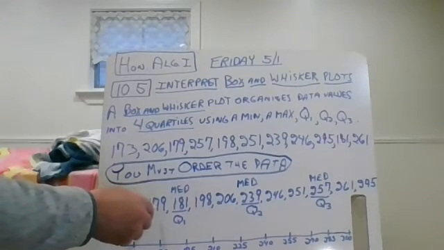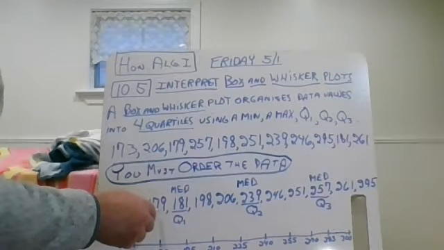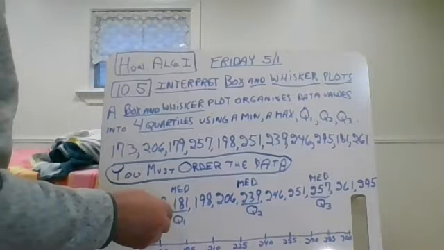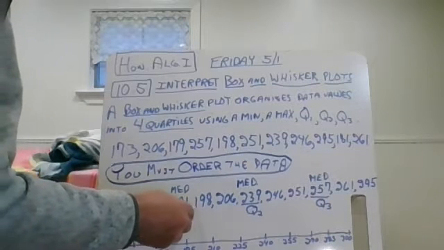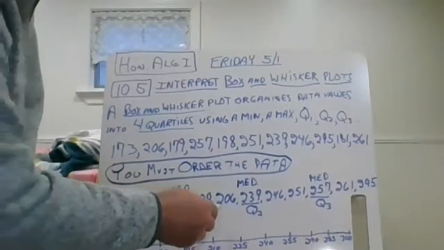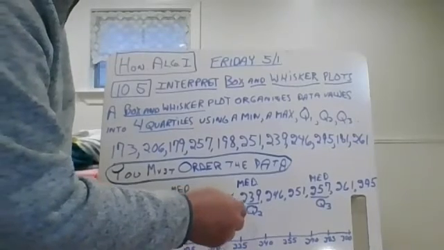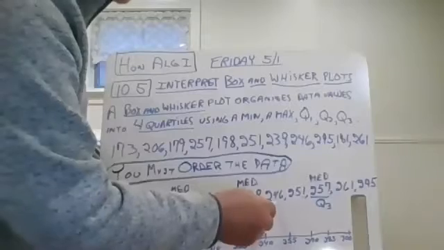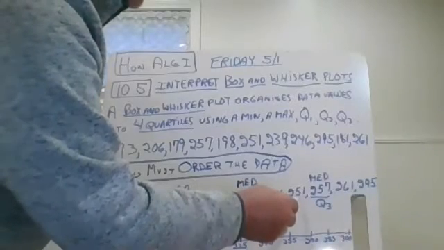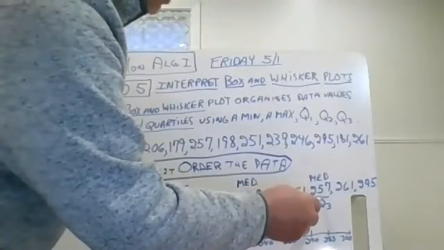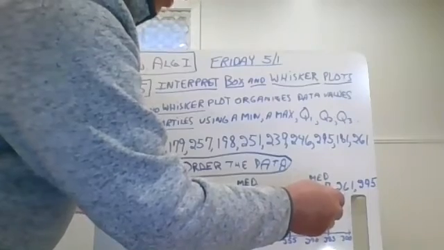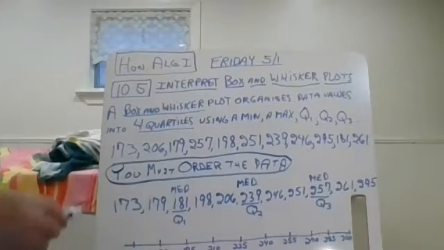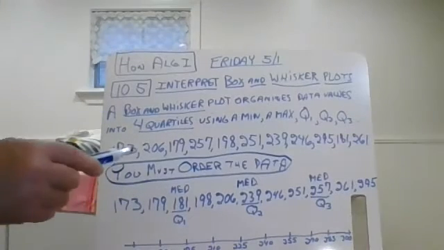And then it goes 179, so you can write these down. 173, 179, 181, 198, 206, 239, 246, 251, 257, 261, and 295. So that's ordering the data. So that's the first thing you got to do.